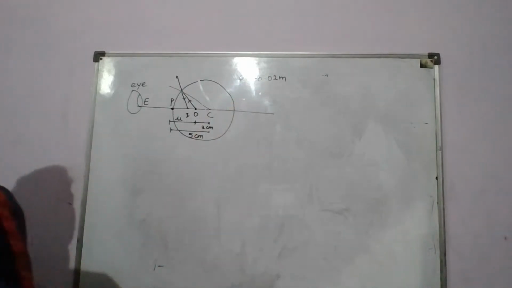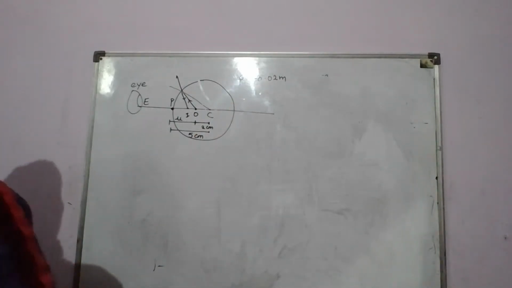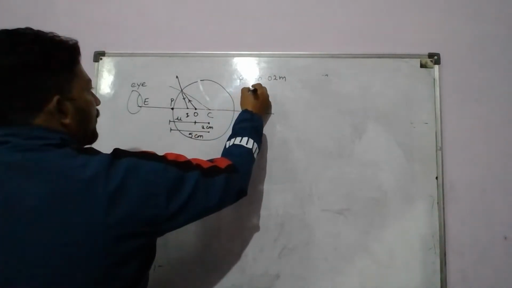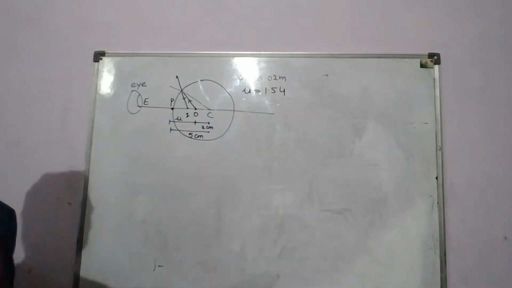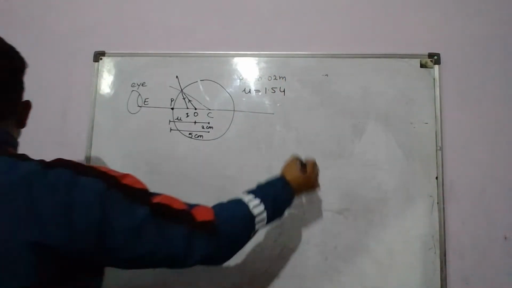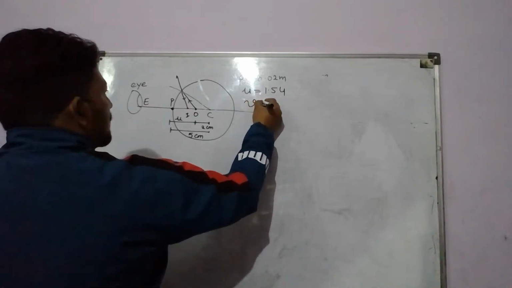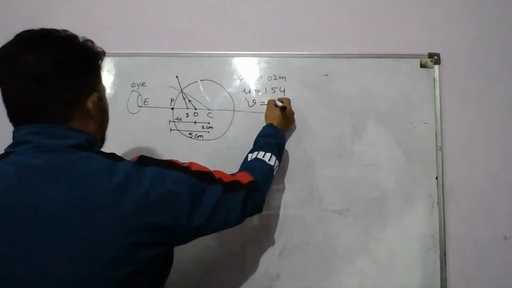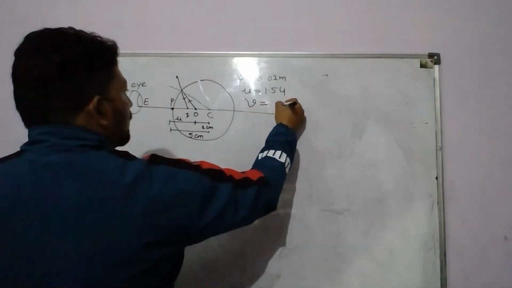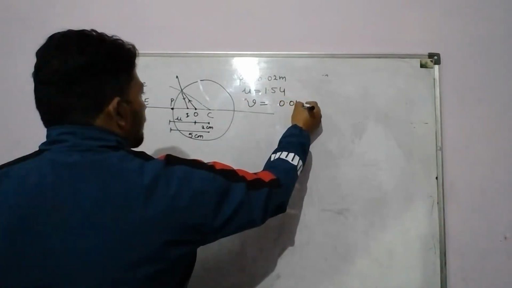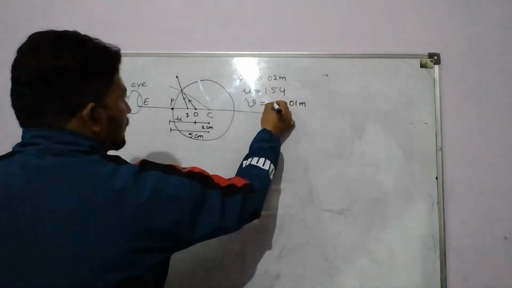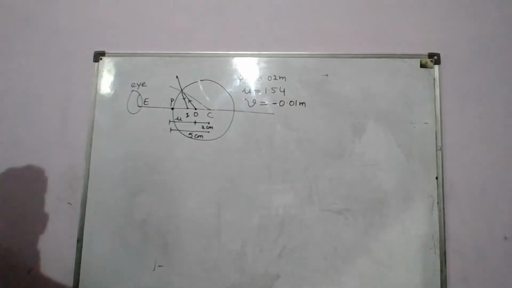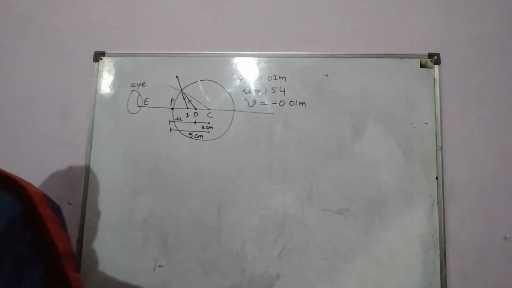That's why R is negative. The refractive index mu is given as 1.54, and the image distance v is given as 0.01 meter. The image is also on this side, so it is also taken as negative according to the sign convention.